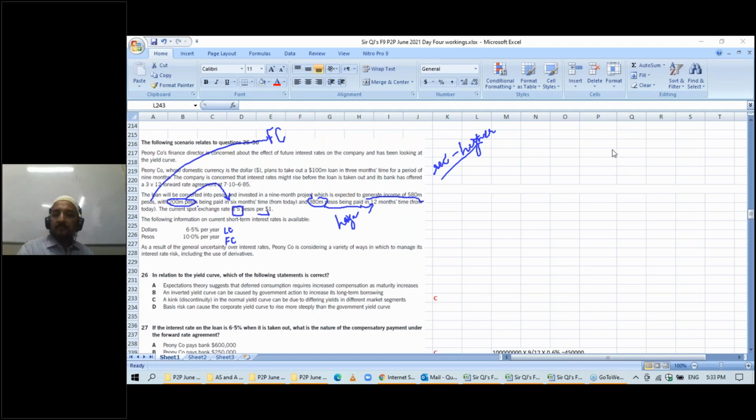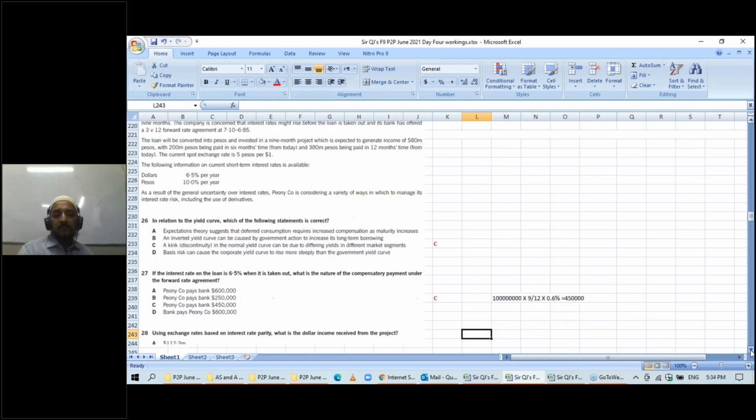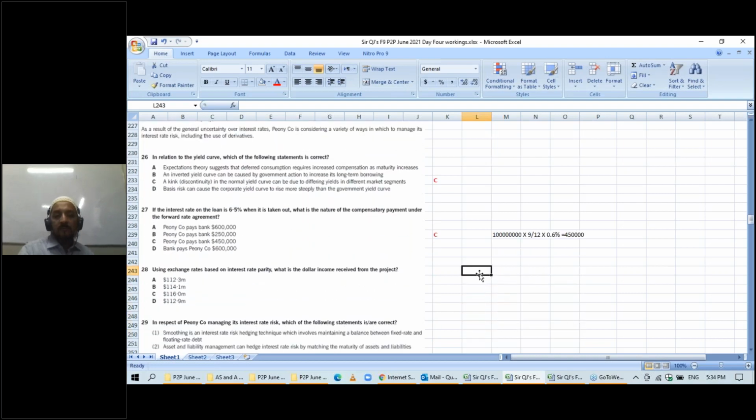I've given you the figures. I hope you have noted. So interest rate parity works on interest basis of foreign currency interest rate and local currency interest rates. So two rates I have to calculate, two forward rates. Okay, first, a 12-month forward rate and then a 6-month forward rate.